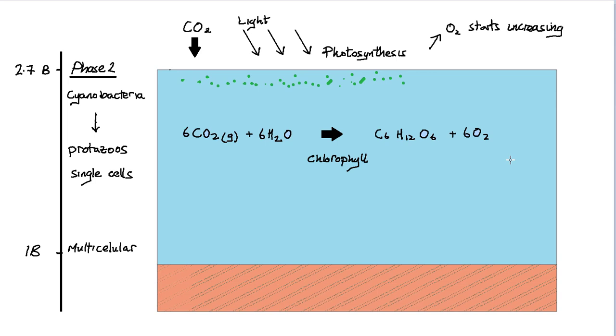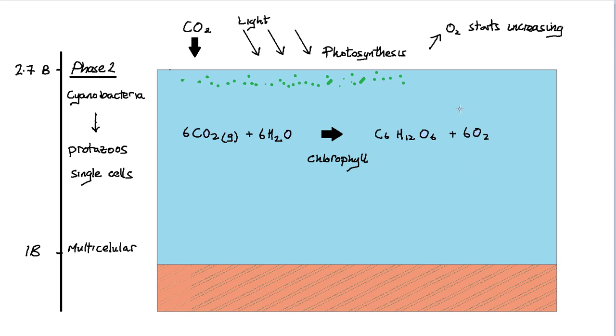So this is going to affect the contents of the atmosphere in two ways. First of all, it causes a lowering in the concentration of carbon dioxide because the microorganisms are absorbing carbon dioxide. And secondly, what we're going to see appearing in the atmosphere is oxygen.